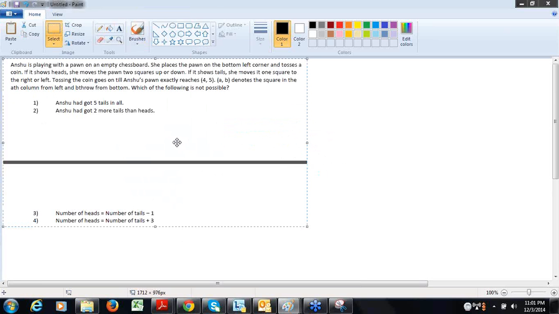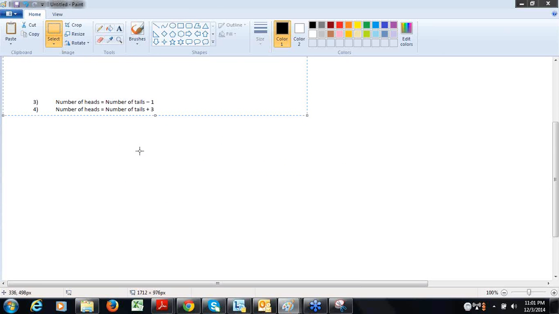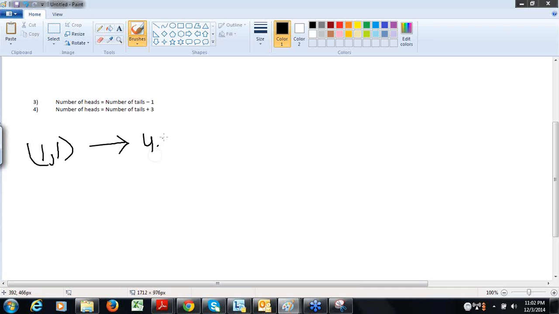So this is our question. So basically what is happening? It is at 1, 1 and it has to reach where? 4, 5. That is where the destination is.